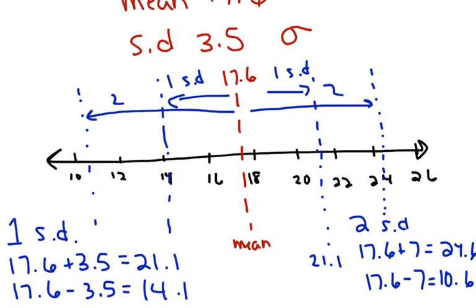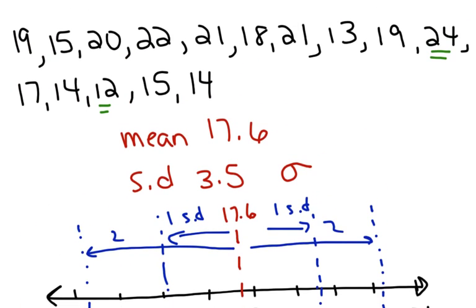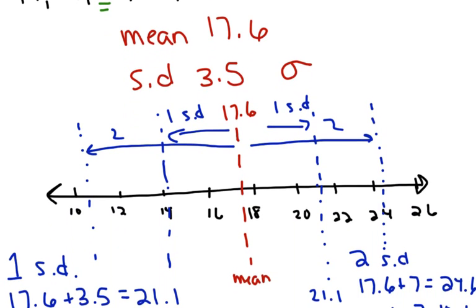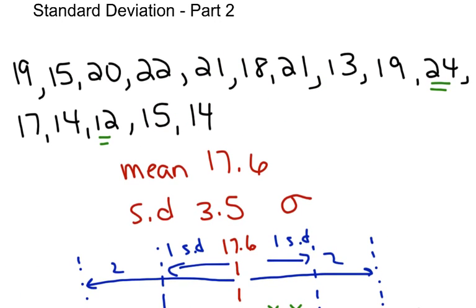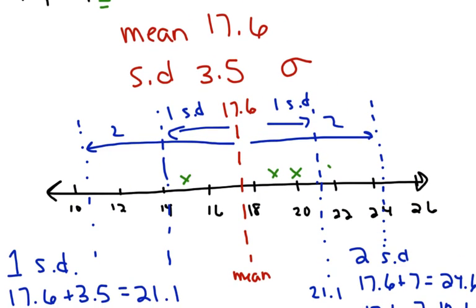The next thing that we're going to do is make a little, there's a name for this and I can't remember what it is. I want to say it's like a frequency plot or something like that, where I'm going to put X's where all the data are. So going back up to my data, my first three are 19, 15, and 20. Then 22, 21, 18.